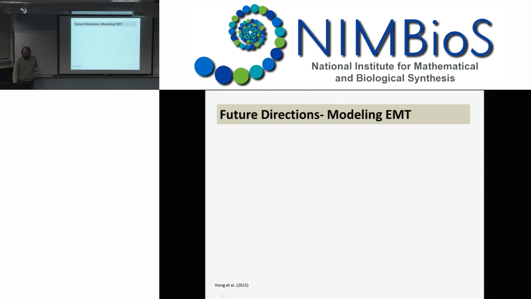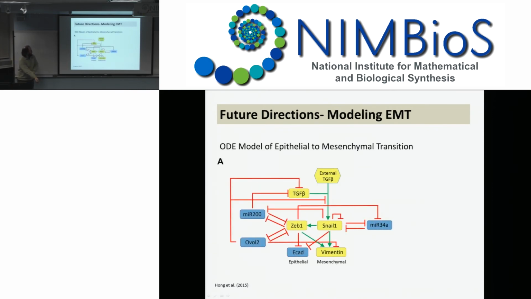One is with Tian Hong, who is my primary mentor, and he has this very nice model of that first system I presented you, of the transition between an epithelial and a mesenchymal cell.